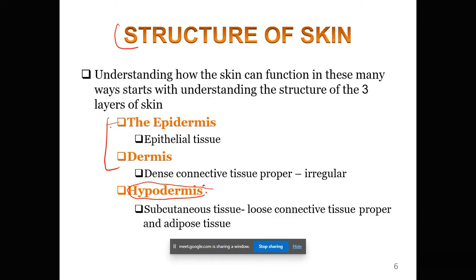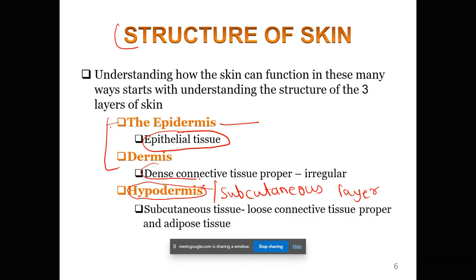It is called hypodermis, or also known as the subcutaneous layer. The epidermis is made up of epithelial tissue, and the dermis is made up of dense connective tissue proper, which is irregular.